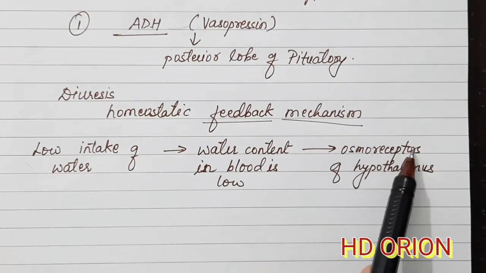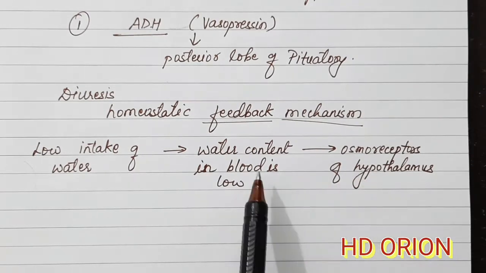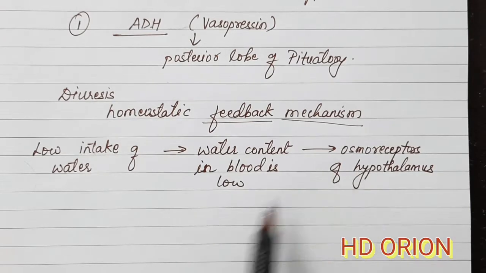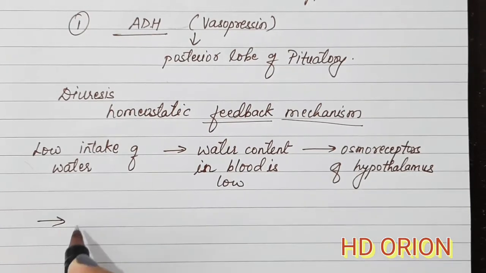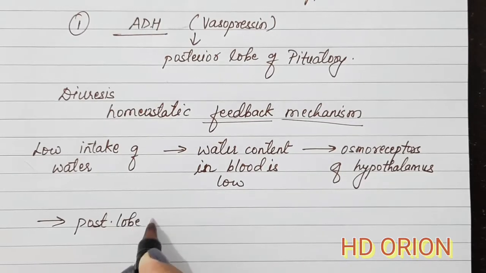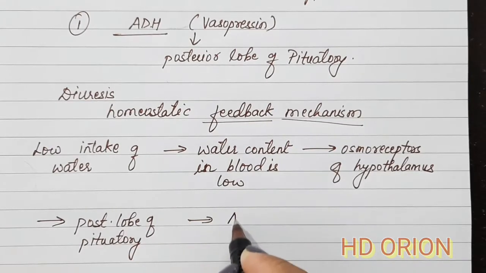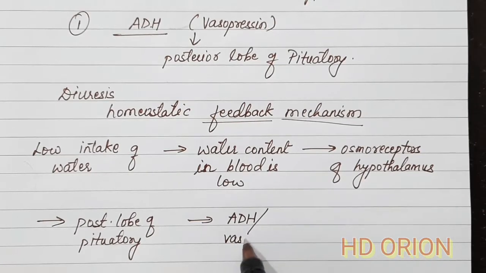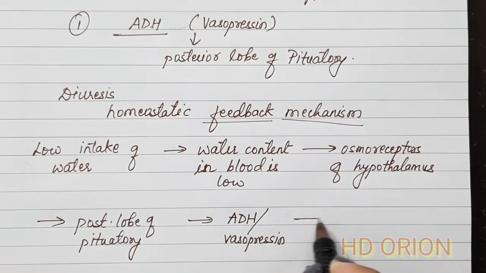So when the osmoreceptors of hypothalamus receive this message that water content in the blood is low, it stimulates the pituitary. The posterior lobe of pituitary secretes the hormone ADH, which is also known as vasopressin. What does ADH do?